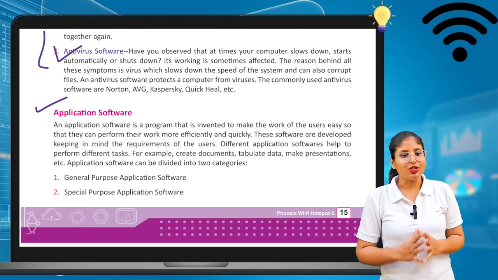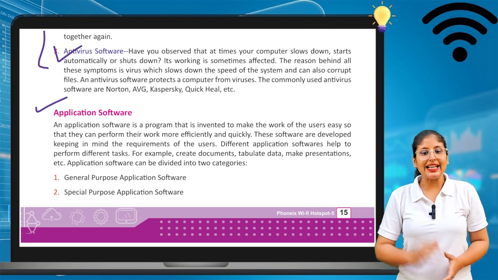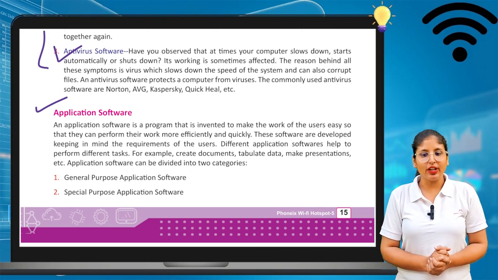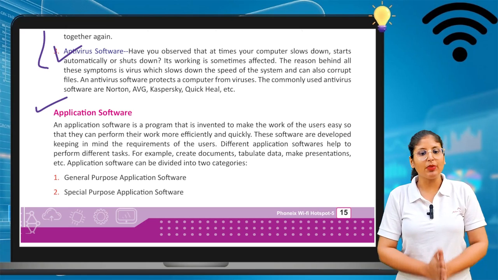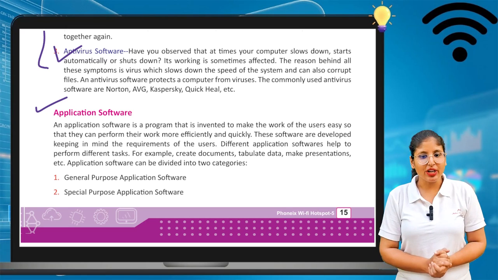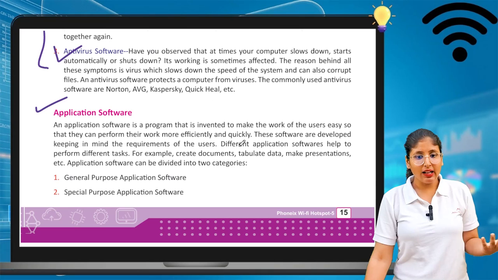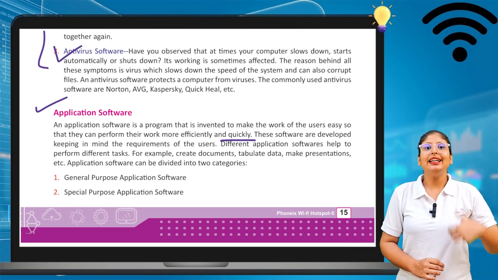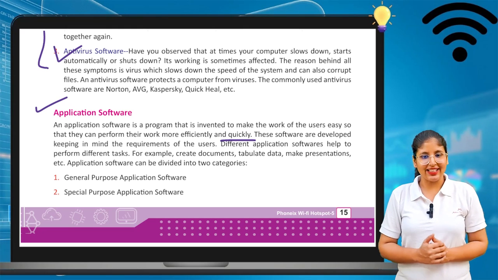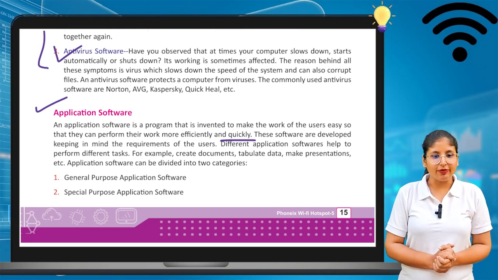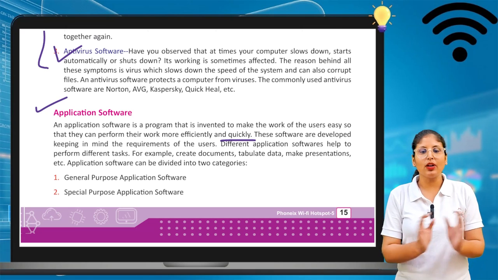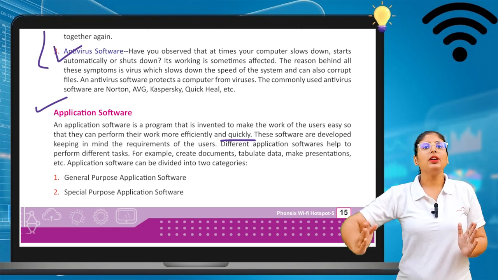An application software is a program that is invented to make the work of the user easy so that they can perform their work more efficiently and quickly. These software are developed keeping in mind the requirements of the user.